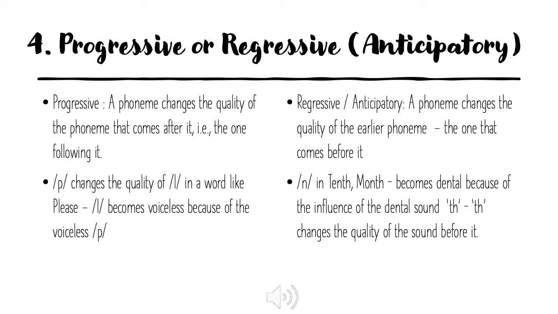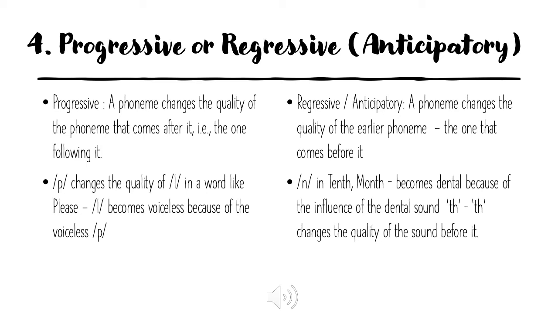In progressive assimilation, a phoneme changes the quality of the phoneme that comes after it. So that there is some kind of progress. You're moving forward. One sound changes the sound that comes after it. For example, look at the sound l in words like please. The l becomes a voiceless sound. L by itself is a voiced sound, but when it is combined with a p sound before it, very often the voiced quality of l changes and it becomes more of a voiceless or devoiced consonant.